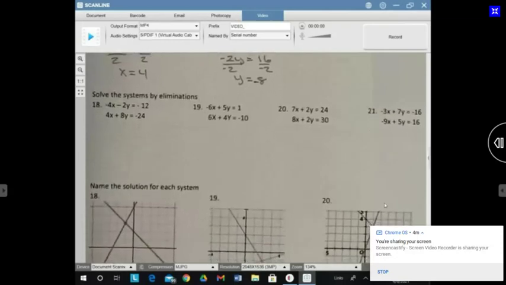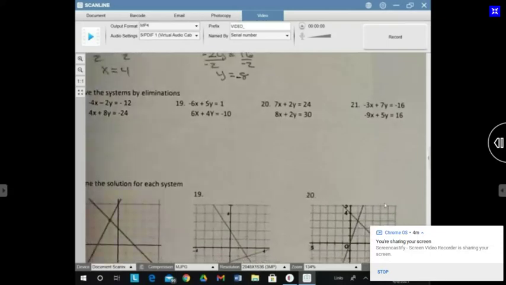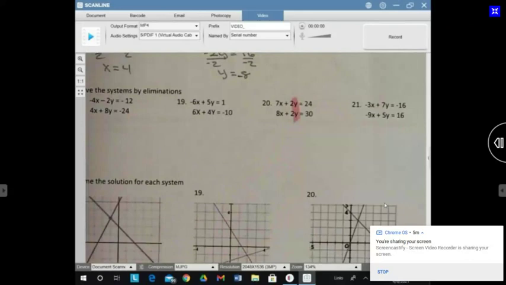20? All right, so my 2's are the same, right? I'm going to get rid of that y since they're the same. That's what I want to get rid of. And guys, the markers and stuff, if you want to use them. Should I add or subtract? Subtract. My 2's are both positive.